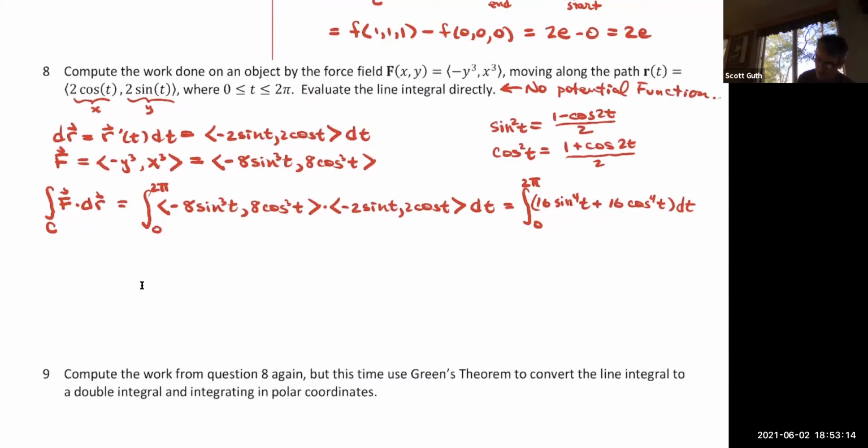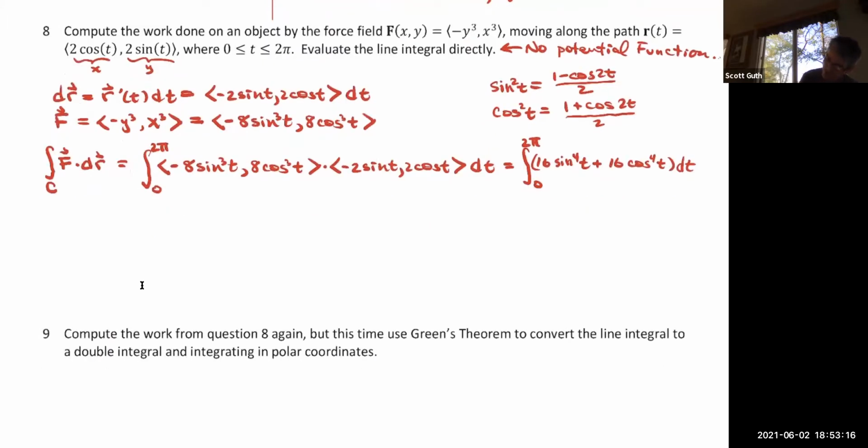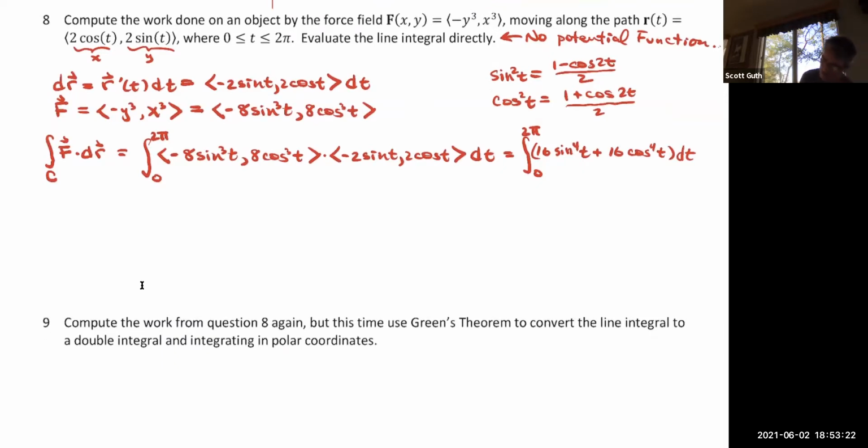I wish we could. So here, unfortunately, what we're going to have to do is the brutal work. I mean, clearly we can put a 16 out, but you're still going to have the sine to the fourth and cosine to the fourth. So what we're going to do is write the sine to the fourth as sine squared, squared.